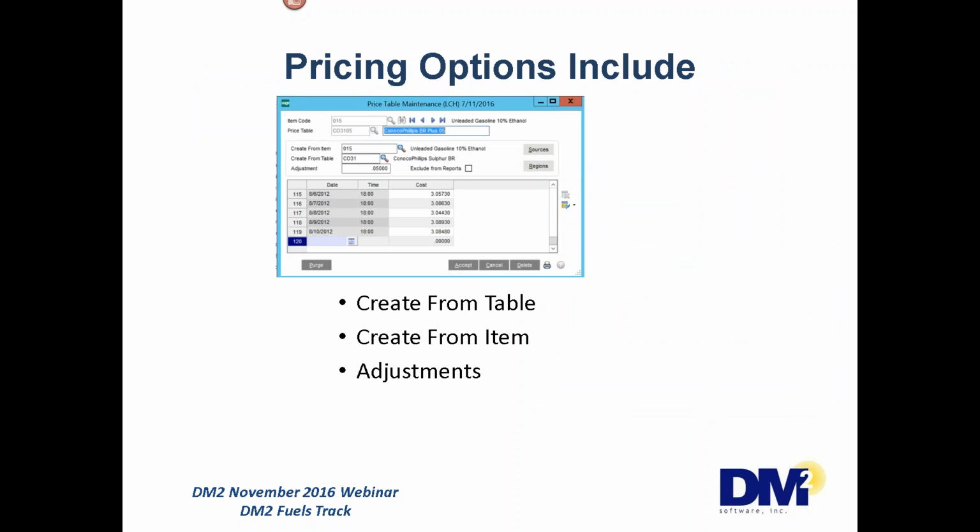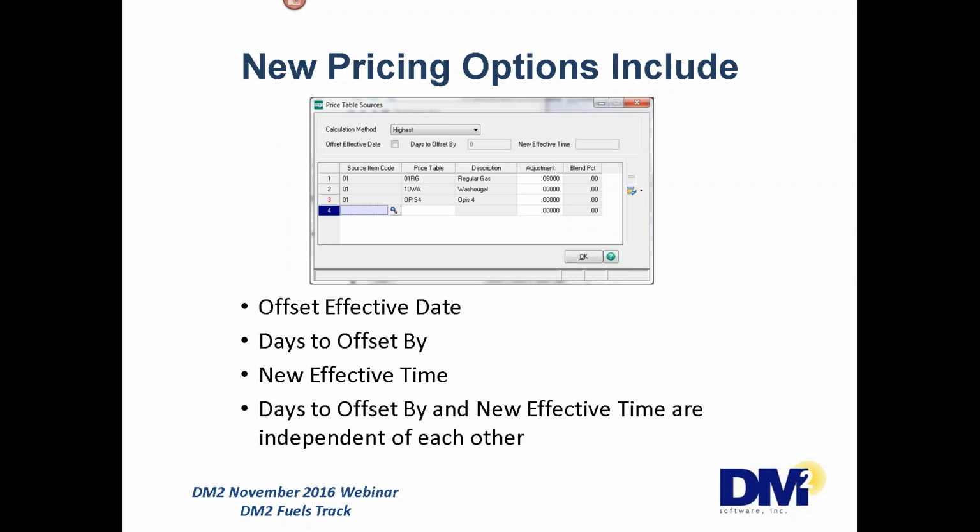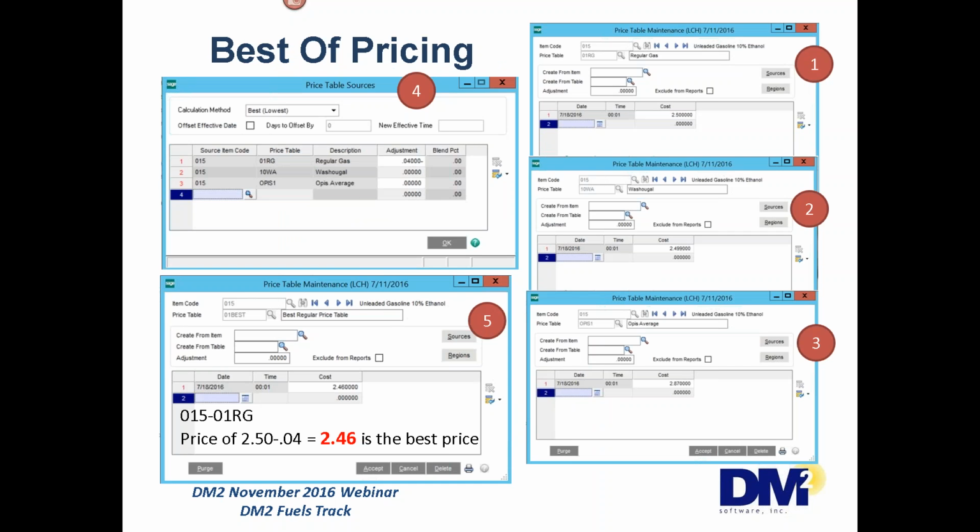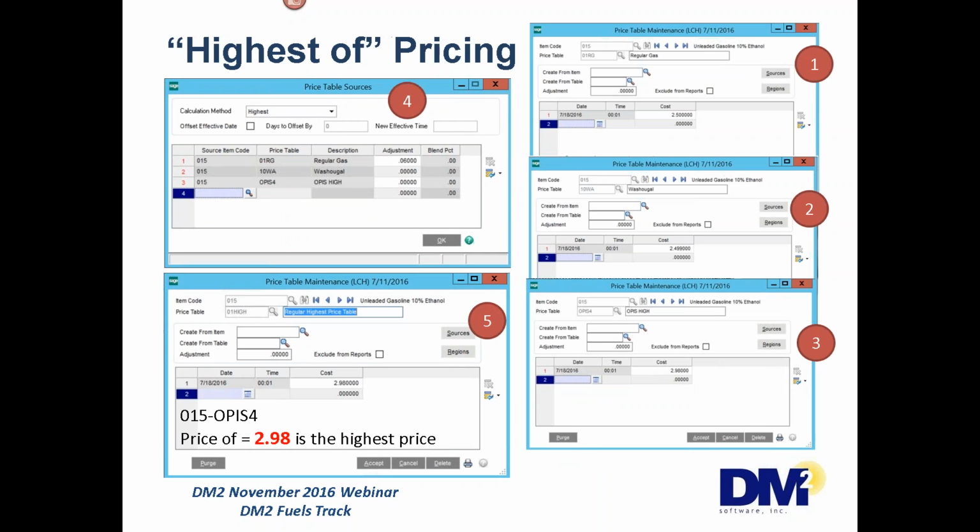We continue to have the options to use create from table and create from item with pricing adjustments, but we've also included the ability to offset by the number of days, by time, independently or in conjunction with each other. You can compare tables to find the best of pricing or the highest price to maximize your margin.